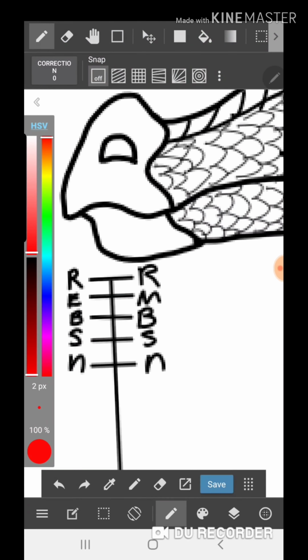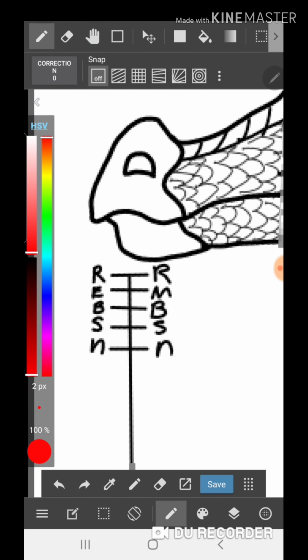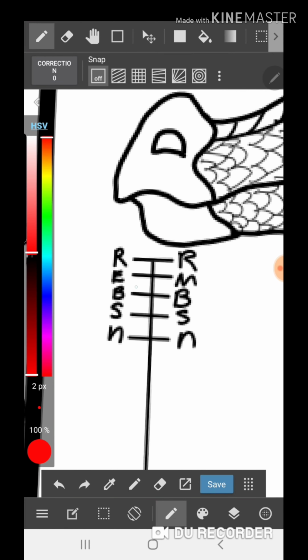Now, after that, we have in the mixing, we ignore these genes right here because she'll pass them on to her young, but they're not going to be able to affect her because these two are the same, so the mixing genes are not going to affect her.